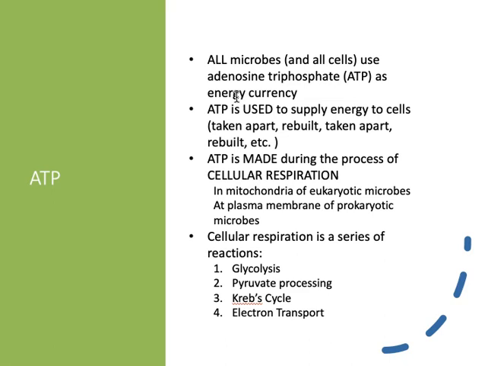ATP gets rebuilt, and a little energy gets consumed. That's how ATP gets used in a cell. ATP gets made in a cell very differently. ATP gets made during a process called cellular respiration.